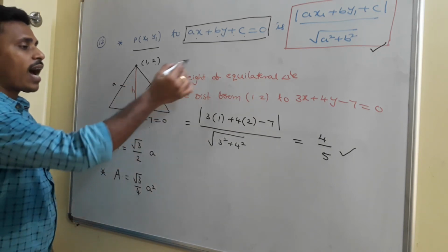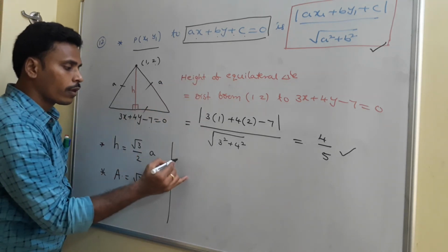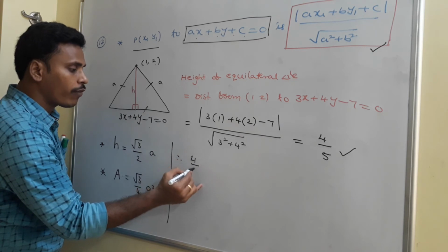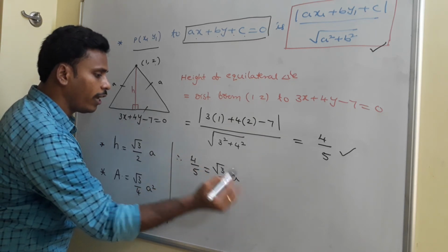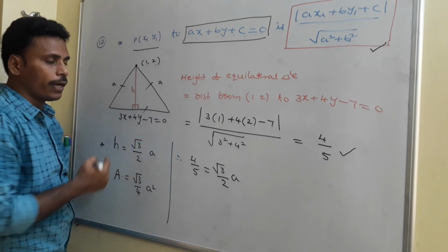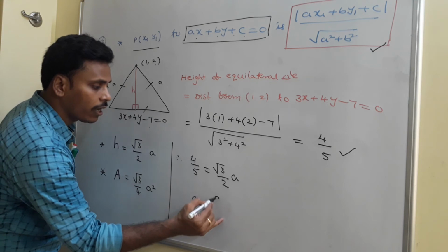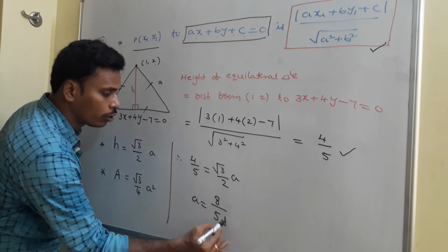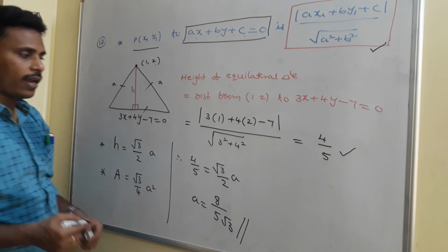Now the height is 4 by 5, so 4 by 5 equals root 3 by 2 A. And now what is A? A is 8 by 5 root 3 units, the side of the equilateral triangle.